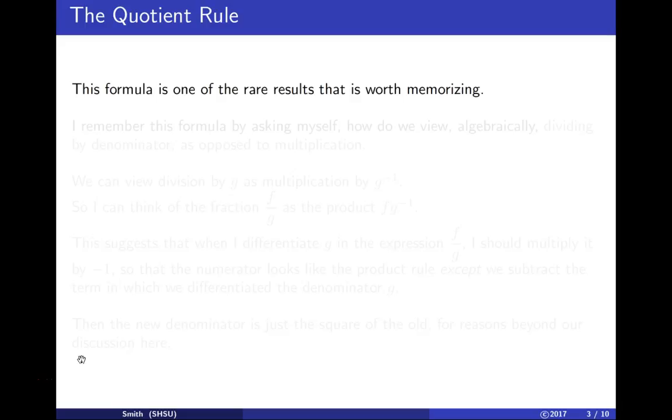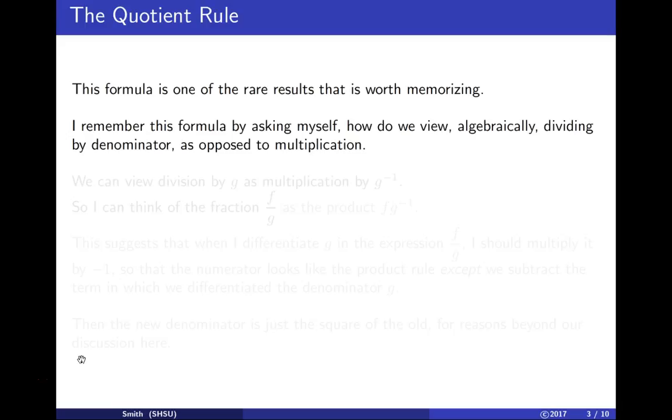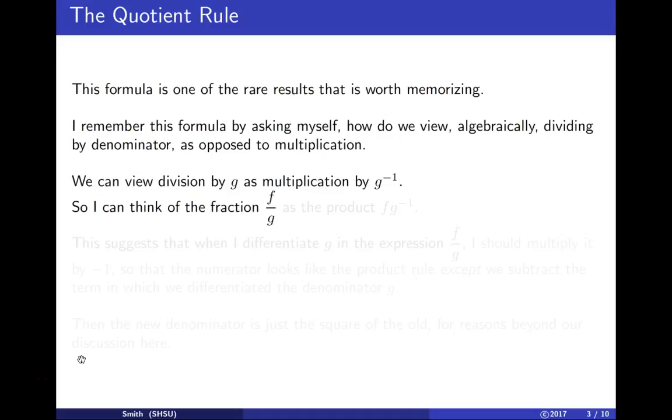I don't memorize very much, but I remember this formula by asking myself, how do I view algebraically dividing, having a denominator as opposed to multiplication? We can often view division by g as multiplication by g to the minus 1. Notice that exponent, minus 1. So I can think of the fraction f over g as the product f g to the minus 1.